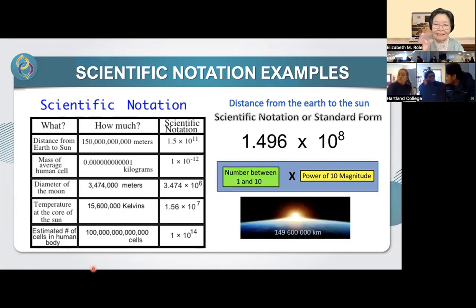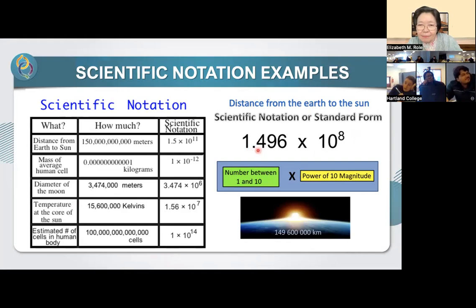There will be some exercises maybe in the book that I will be asking you to do. Now there are times when you need to change the scientific notation to a standard form. So you just have to reverse the process. If I have 1.496 times 10 to the 8, what you will do is move the decimal point.